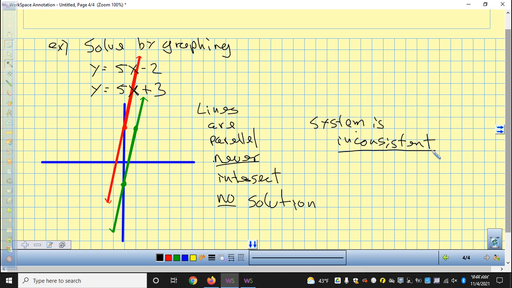The two lines then would be negative 5, yeah. No, not perpendicular, because it's not flipped. So when we get no solution, the lines are parallel, same slope, different y-intercept. No solution, the system is inconsistent. So those are our two special cases. Either an infinite number of solutions when we have the exact same line, or no solution when the lines are parallel.